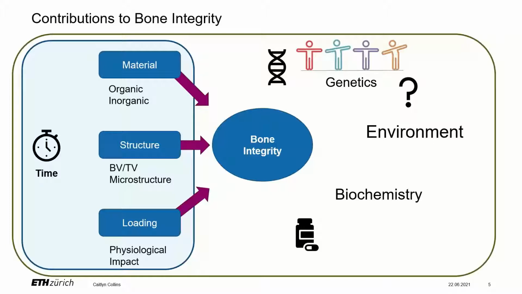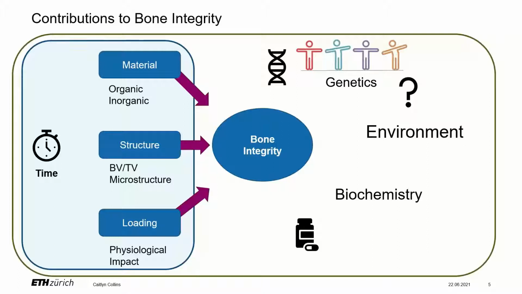We have material contributions, both inorganic and organic, structural properties that contribute to stiffness and strength, and then bone is load adaptive, so our physiological loading can impact our bone strength. However, all 3 of these properties will change over time, and there are even additional factors that can impact bone integrity.